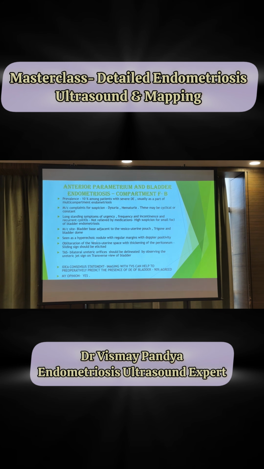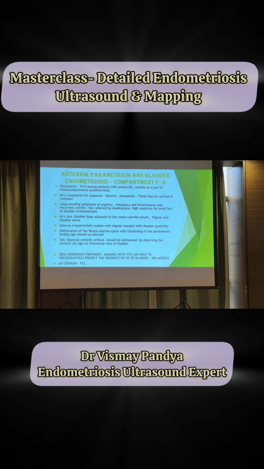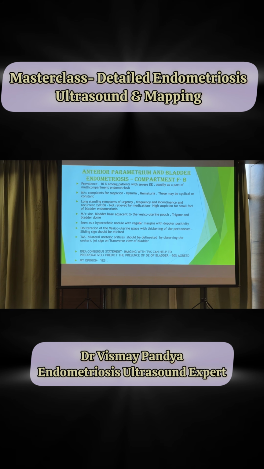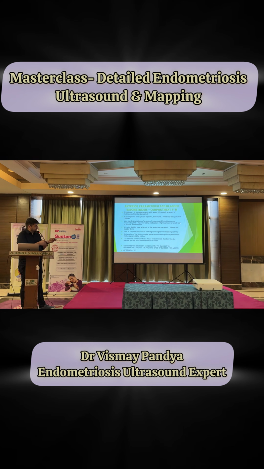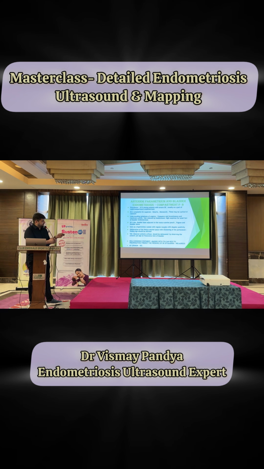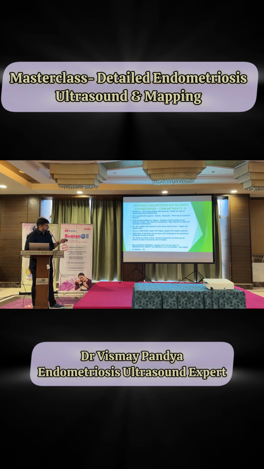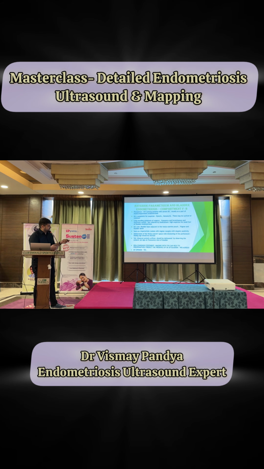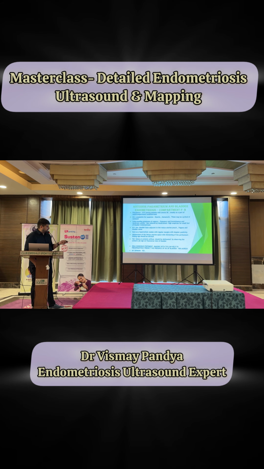You can see obliteration of the vesicouterine space, also called the anterior parametrium. So you can also do the sliding sign here. You can just put your probe in the anterior fornix, bladder, uterus, and you push the bladder. If they go separate ways, that is it. This test is very useful even for diagnosing when there are previous 2-3 cesareans, and if the adhesions are present on the anterior abdominal wall or not.